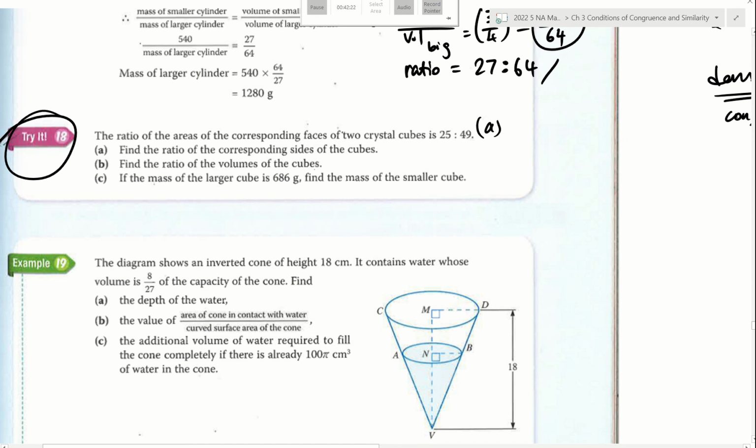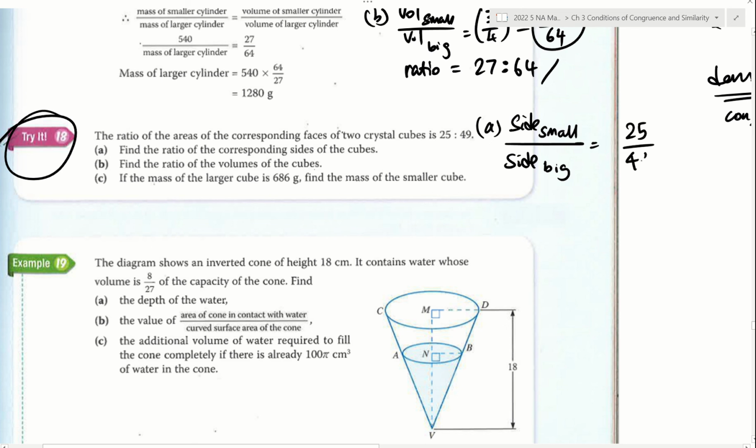Ratio of the corresponding sides. So in the question they gave you areas ratio 25 to 49. Small to big. So for the sides, small to the side that is big, it will be 25 over 49, but you have to square root, which gives us 5 over 7. Okay, so the ratio is 5 to 7.